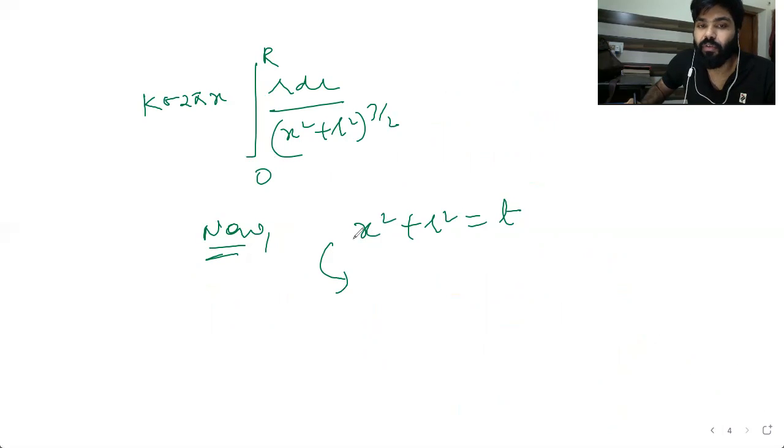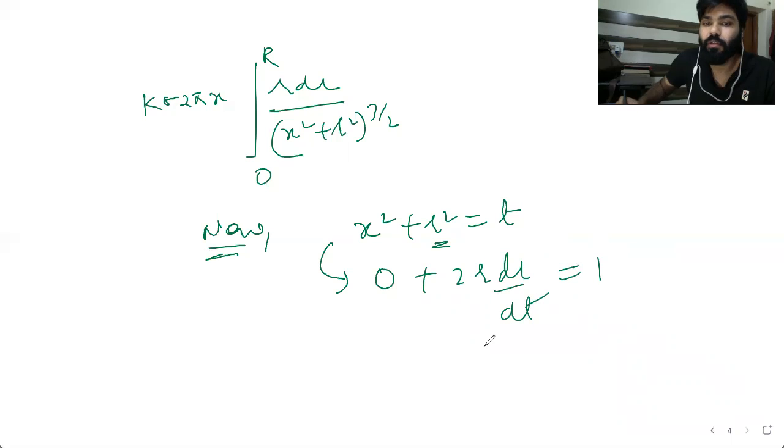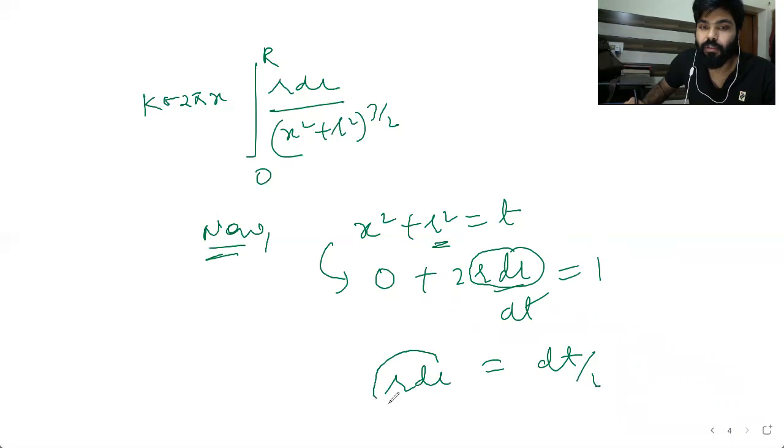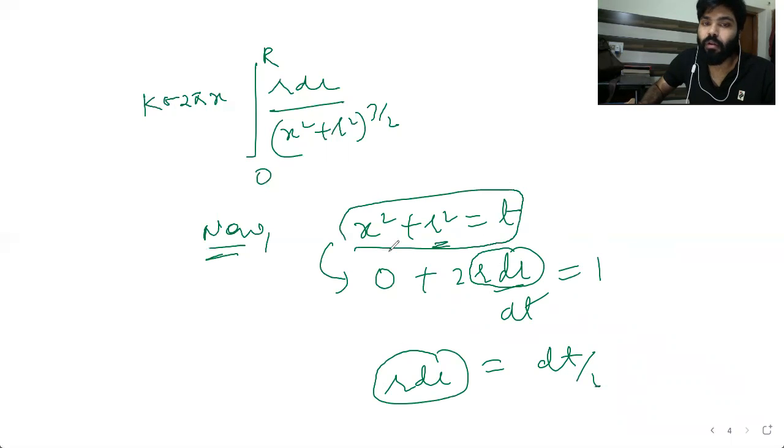So the differentiation of X square with respect to T is 0, and that of R square is 2R times dr over dt, and dt over dt is 1. So the value of R dr comes out to be dt by 2. This is the value of R dr, because this is our numerator and this will be our denominator.